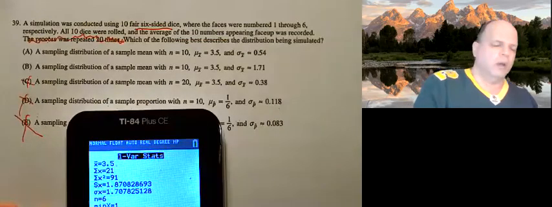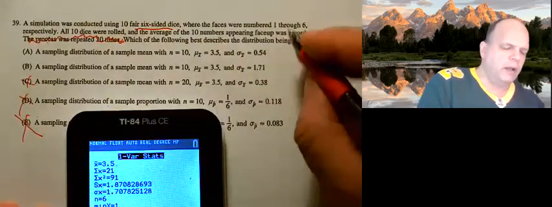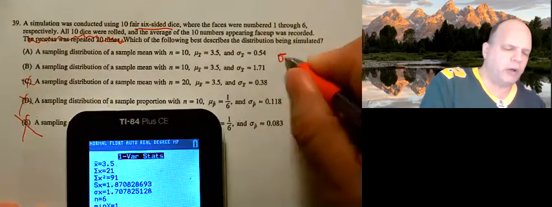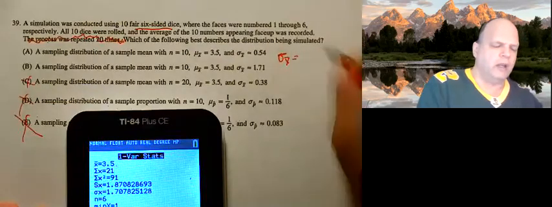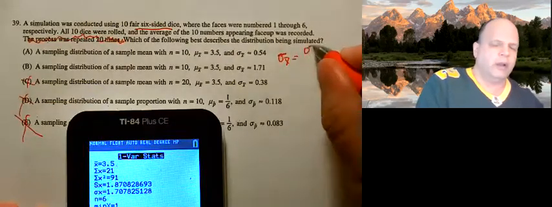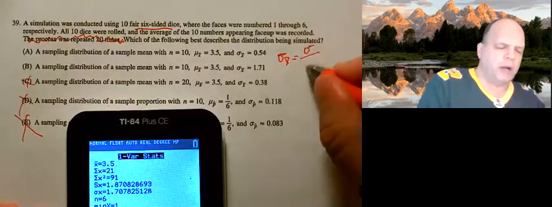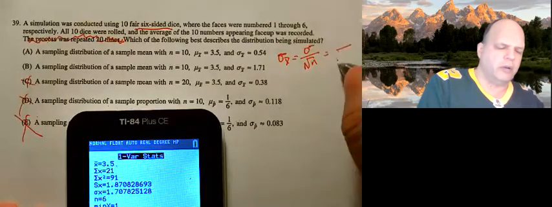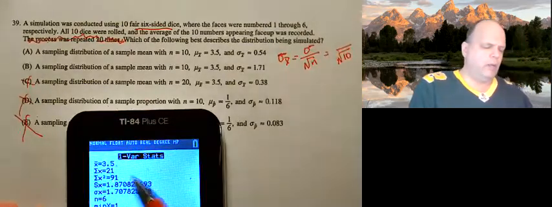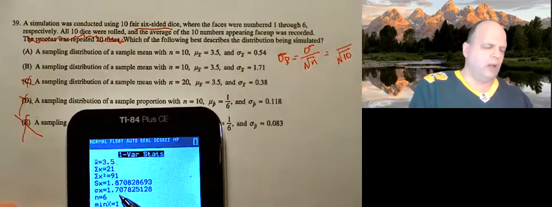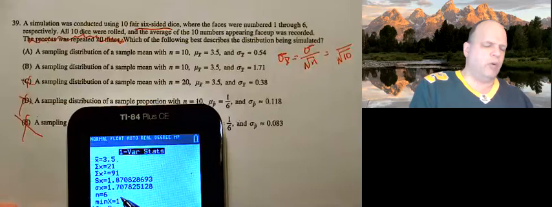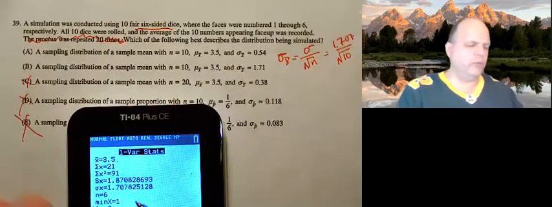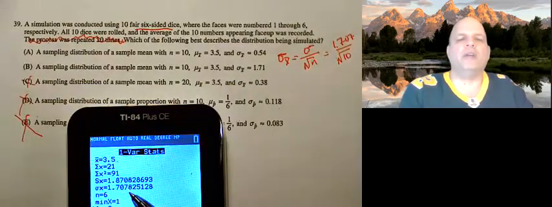So the standard deviation of the sampling distribution of x bar is going to be the standard deviation divided by the square root of n, which in this case is 10. And we have a standard deviation of 1.707. And you're like, why did I choose 1.707?